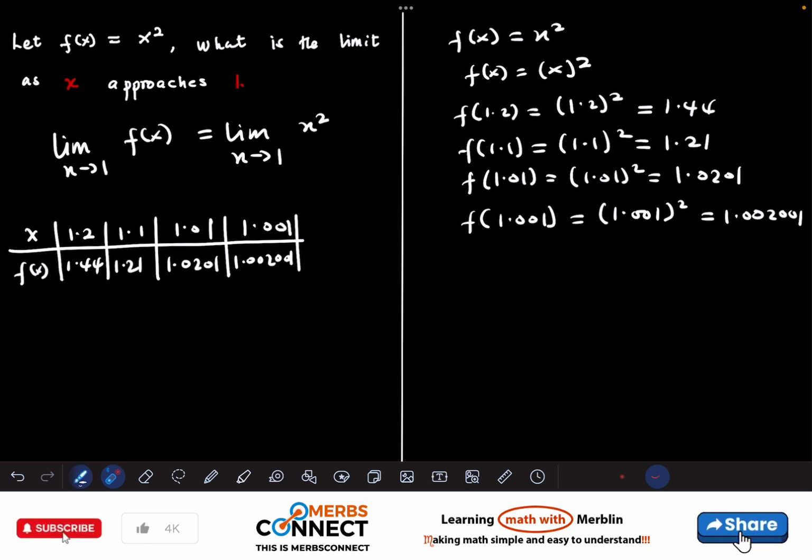So we say the limit as x approaches 1 of x squared is equal to 1. In the context of finding limits, instead of picking points getting close to that value, we are going to just use the properties to solve.